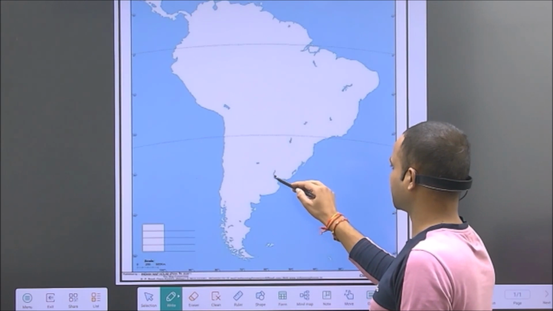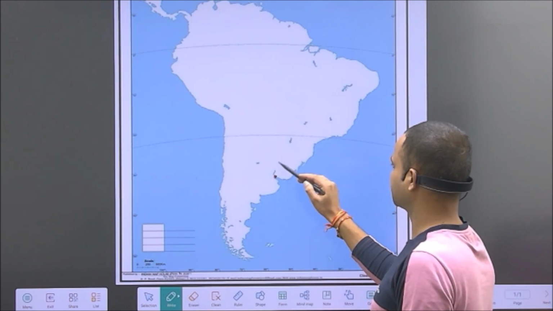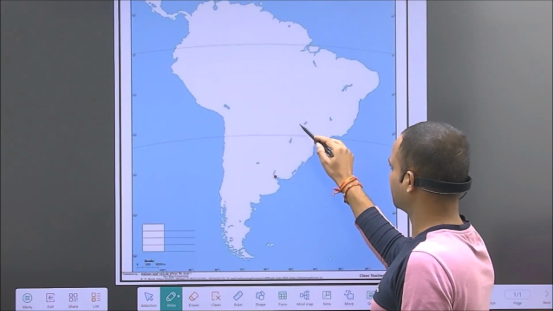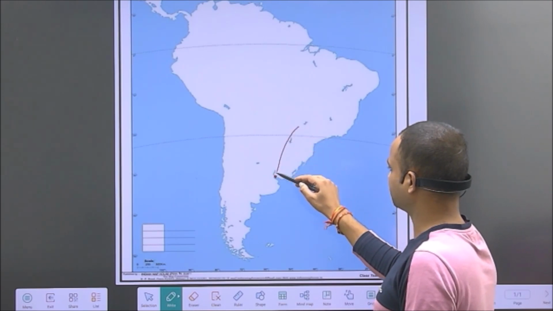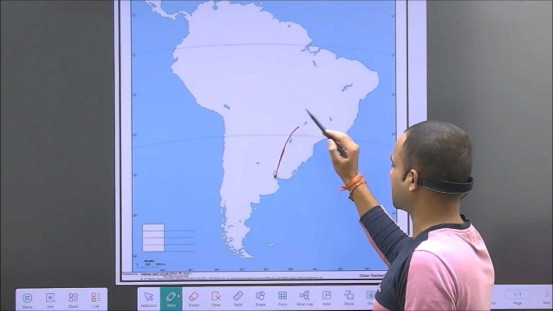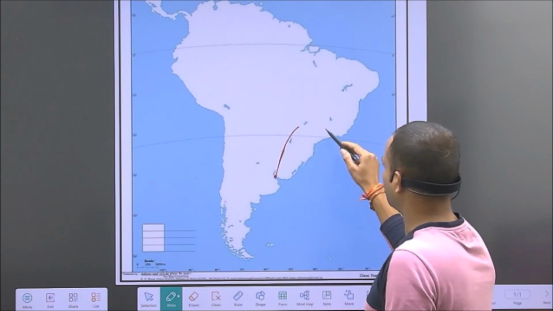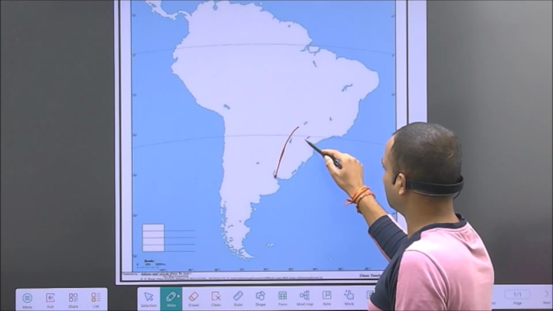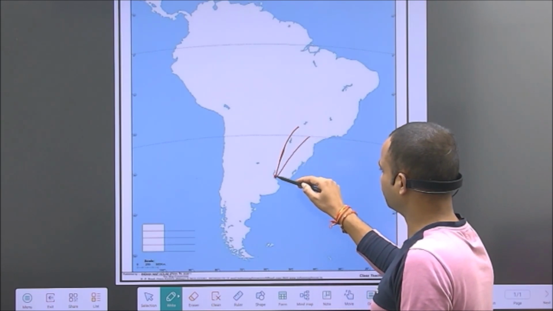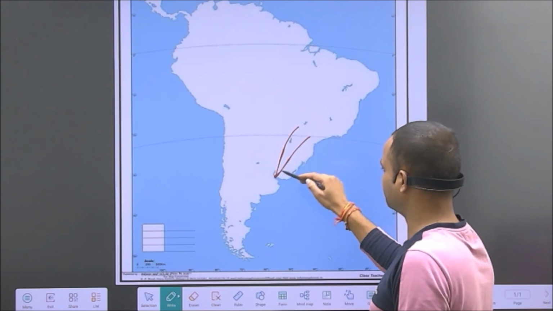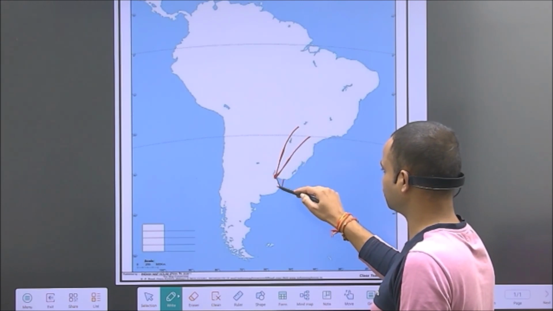The Parana River lies near Buenos Aires. Also, the Uruguay River lies near Buenos Aires.